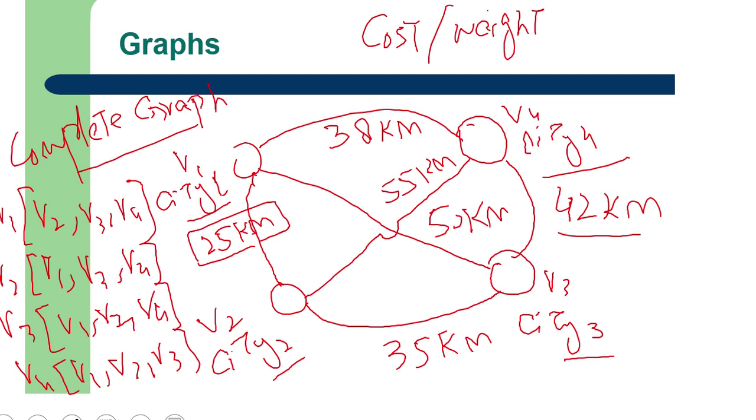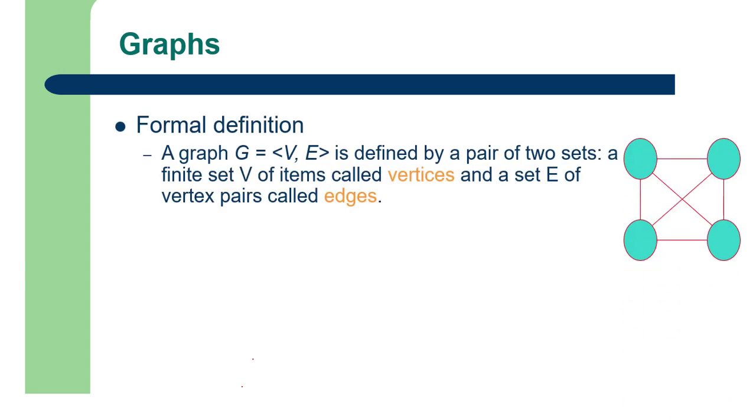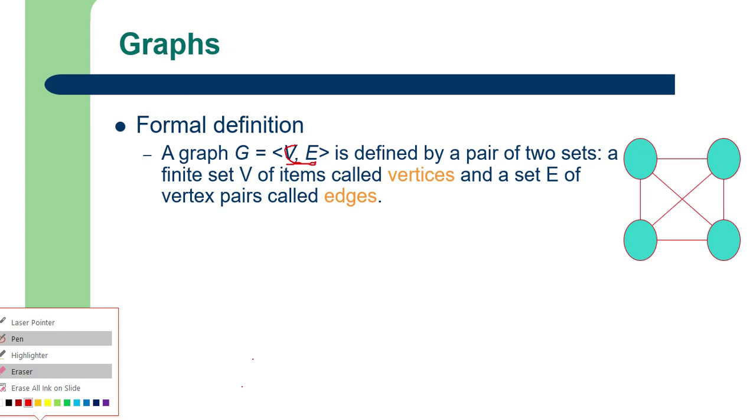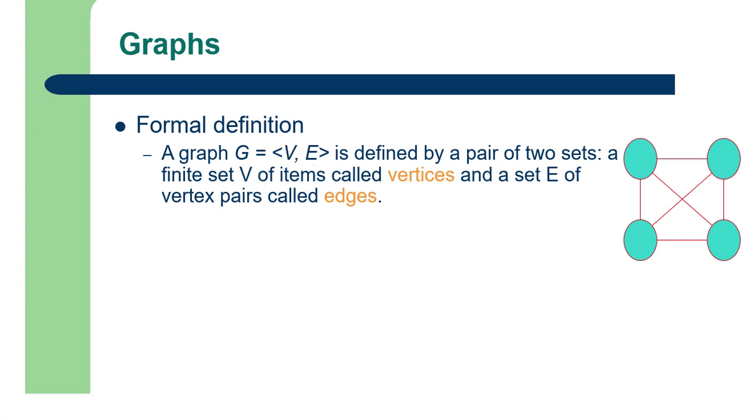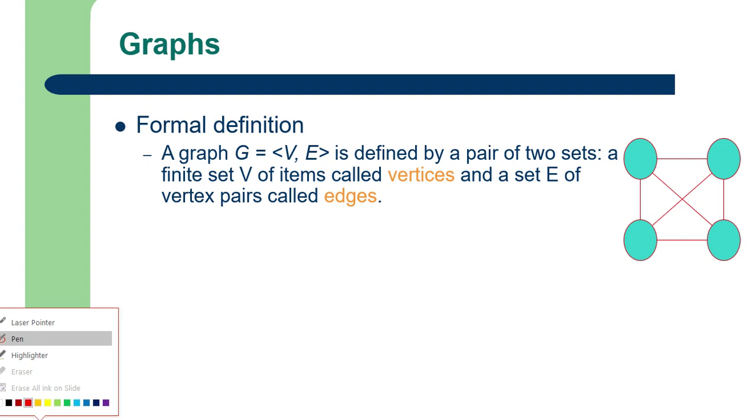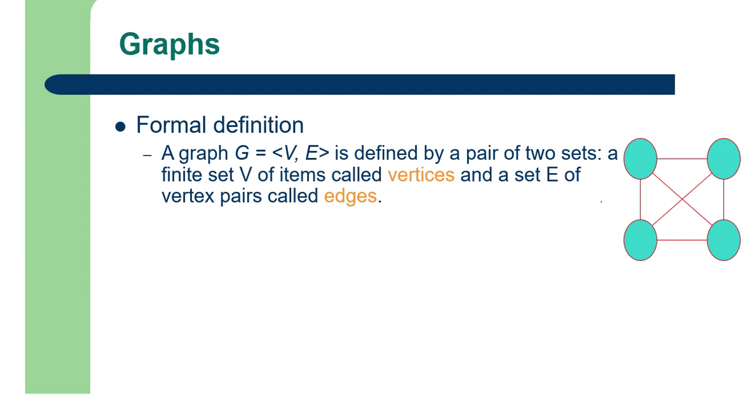So what is the formal definition of a graph? The formal definition is that a graph consists of different vertices and edges. In a graph there are a finite number of vertices and a finite number of edges. We have already seen that if in a graph there are 4 vertices, we can connect all the vertices using edges.